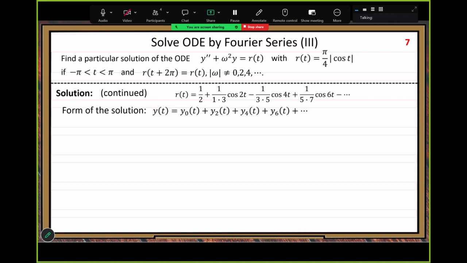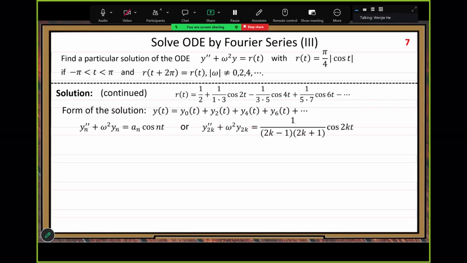With this understanding, we want to do a general calculation. We consider this general y_n. The form is quite clear.